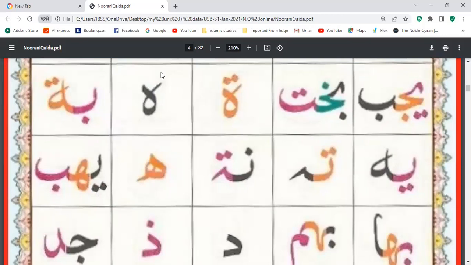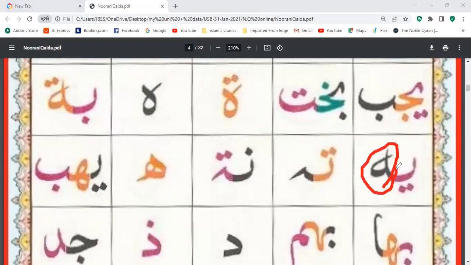And then without dots, this round ta will become ha. And then we have the joined round shape of ta. And again, without dots, it became what?